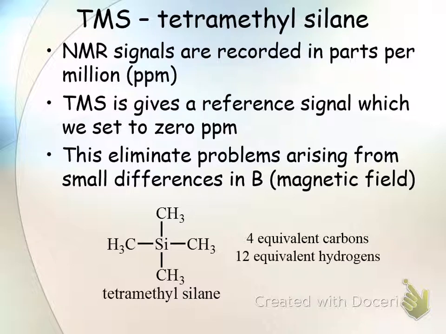And there are very few things that get shifted upfield in NMR spectroscopy. Most things, because most things are more electronegative than carbon, get shifted downfield. So this TMS ends up being on the far side of our NMR spectrum. So I'll show you what a typical NMR spectrum, the scale, looks like. I'll draw a cartoon of one, actually.